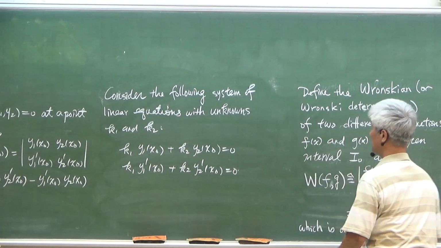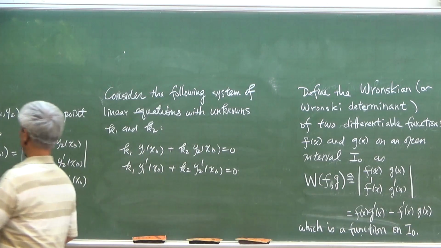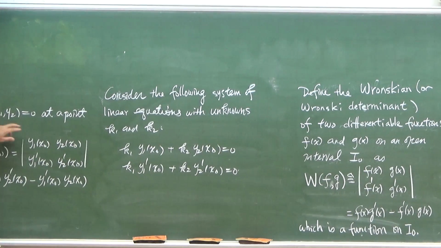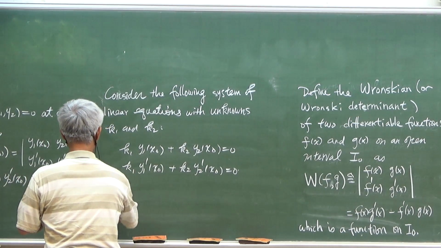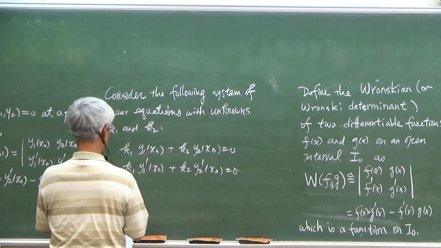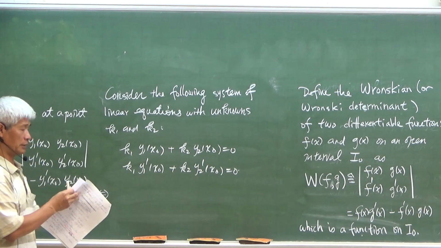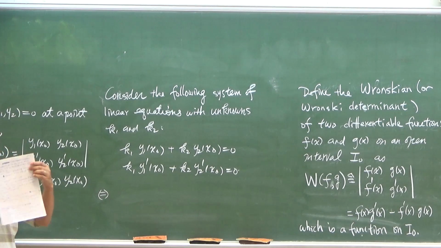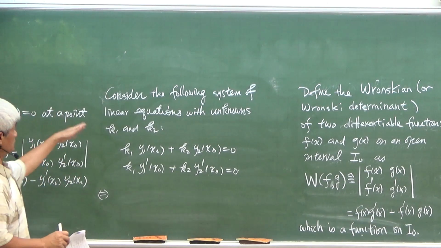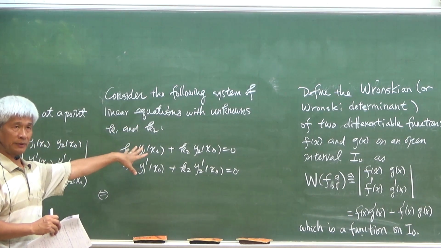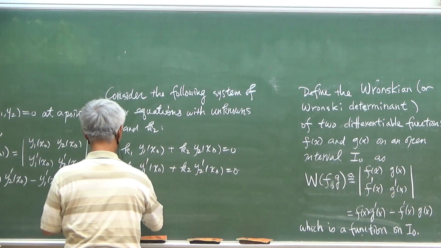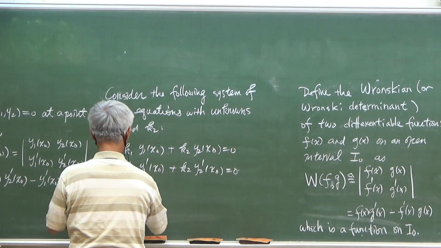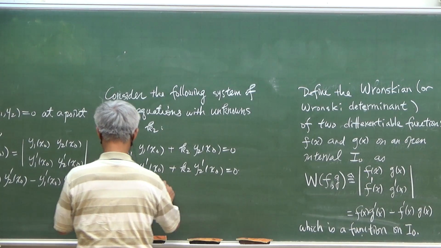And we know that this Wronskian is 0 at x0. I believe you already studied such a system of linear equations in your linear algebra course. We can express such a system by a matrix equation.